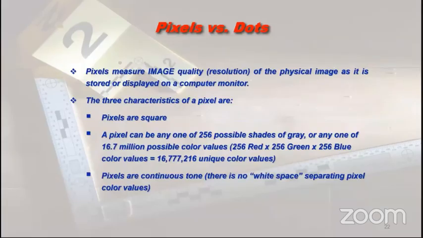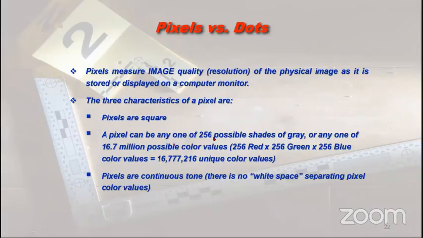So again, when you start talking about the sufficiency, we have to make sure that we are talking about the appropriate terminologies. We have a difference between pixels and dots. Pixels are used to measure image quality or resolution when it is stored or displayed on a monitor or when it is printed. Now, the characteristics of pixels: pixels are square.